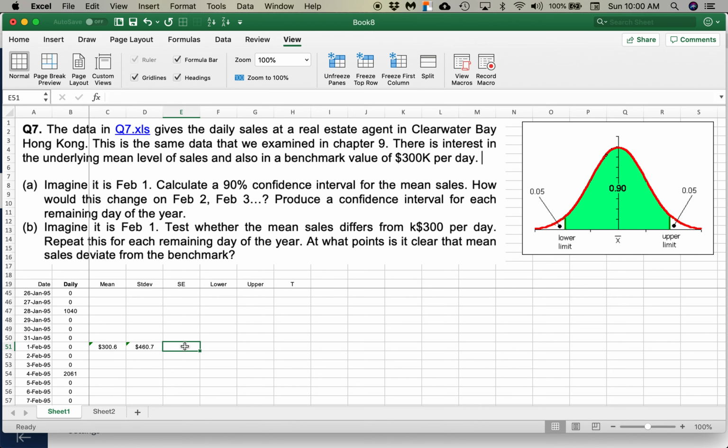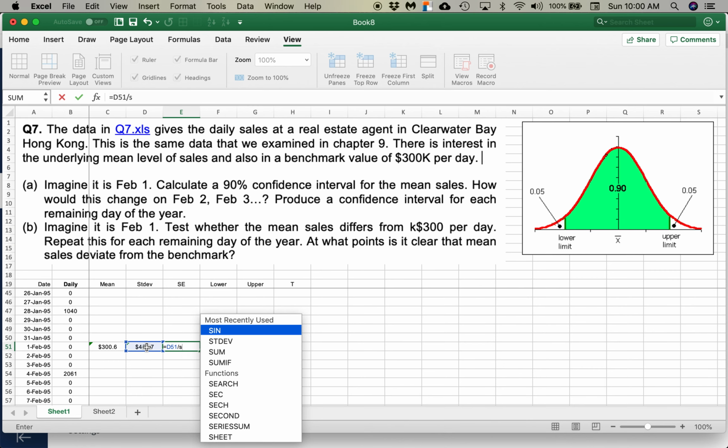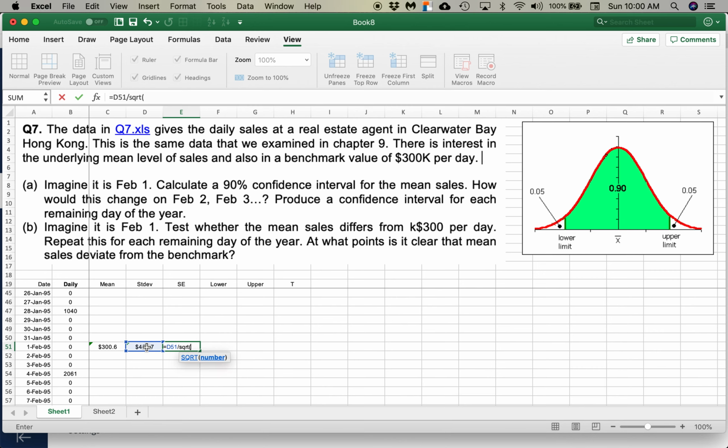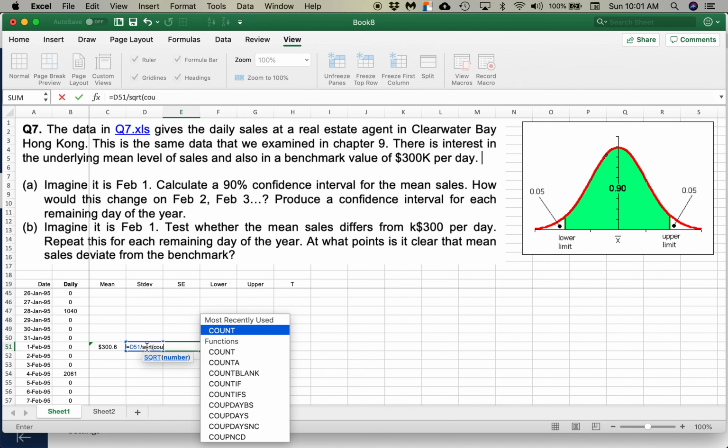Okay, for our standard error, all we need to do is divide the standard deviation by the square root of the sample size. So that will be equal to our standard deviation, which is here, divided by SQRT, square root, open parenthesis. Now, how many have we seen up to here? Well, we're going to have to count them. And there is a formula that counts cells that have numbers in them. You want to know what it's called? COUNT.